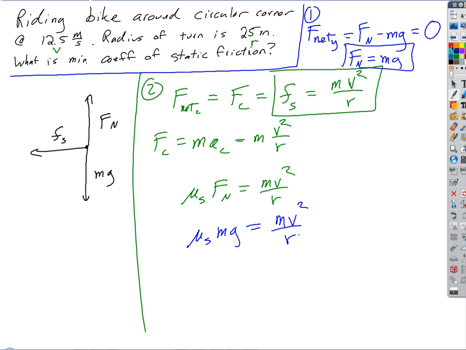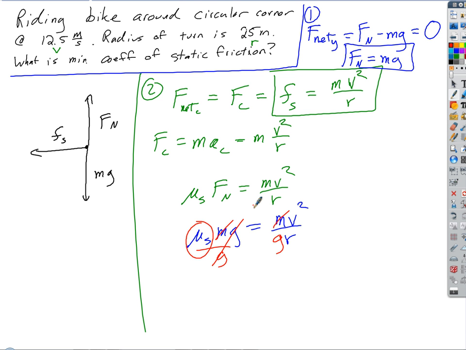I'm really just trying to isolate the mu, aren't I? Anything else I can do there? Cancel the m's. Yeah, I can divide both sides by m to cancel those. And then the last step would just be to divide both sides by g, which is the same thing as multiplying by 1 over g, isn't it? So if I do this, we got our answer, right?